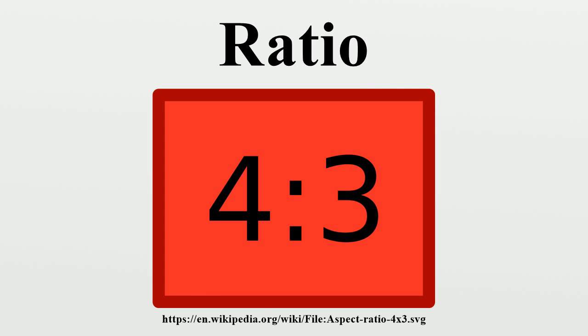Irrational ratios. Some ratios are between incommensurable quantities, quantities whose ratio is an irrational number. The earliest discovered example, found by the Pythagoreans, is the ratio of the diagonal to the side of a square, which is the square root of 2. The ratio of a circle's circumference to its diameter is called pi, and is not only irrational but also transcendental.